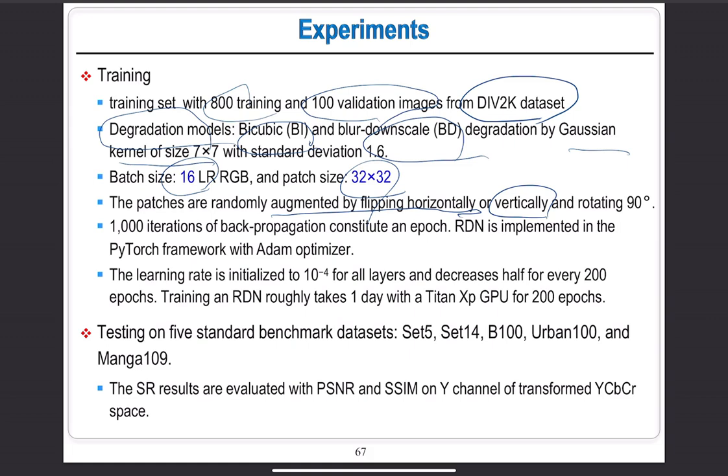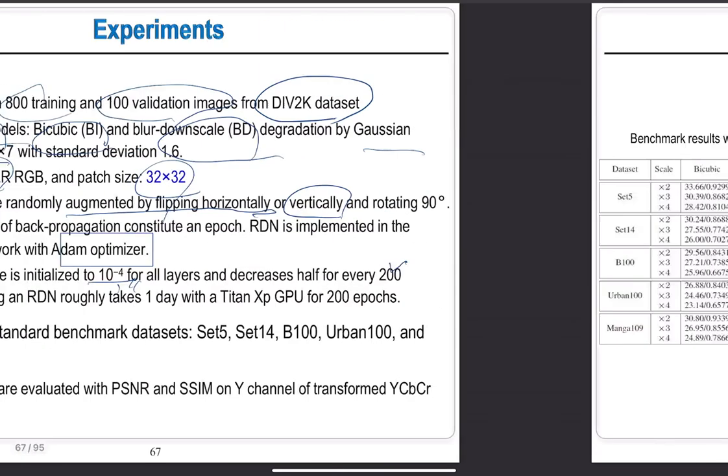Training is processed using the Adam optimizer with a learning rate of 0.0001, halved every 200 epochs. And this training setup allows the proposed RDN to generalize well to various degradation types.